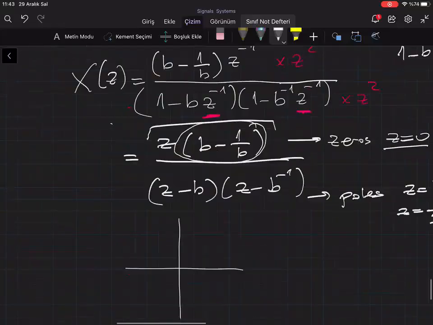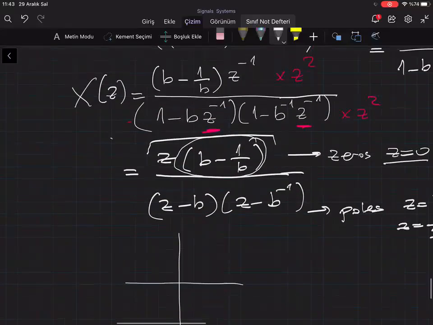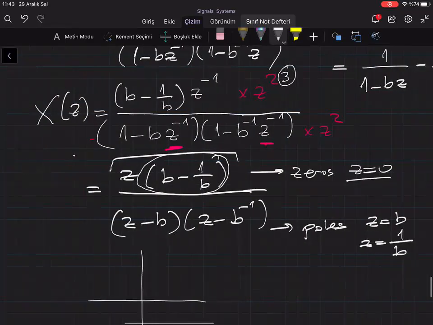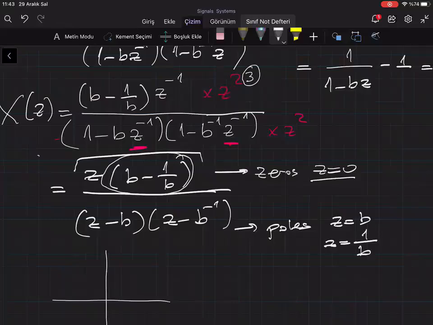So, arkadaşlar, Manal said, why don't we multiply by z cubed? Why do we need such a thing? Why do we need multiplying with z? My question is, if we have in the denominator, like z minus 2 or -3, if instead of 1 here it were 2, then we multiply it with 3.